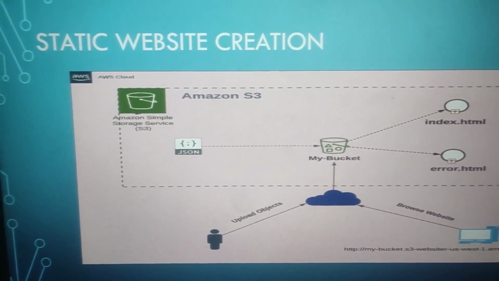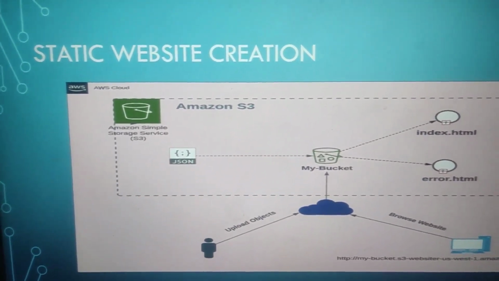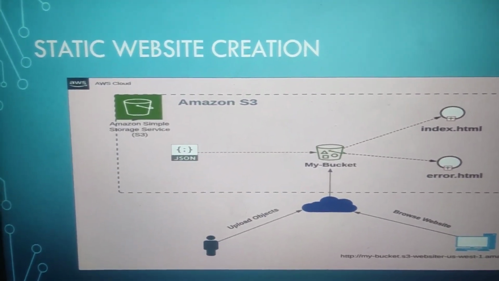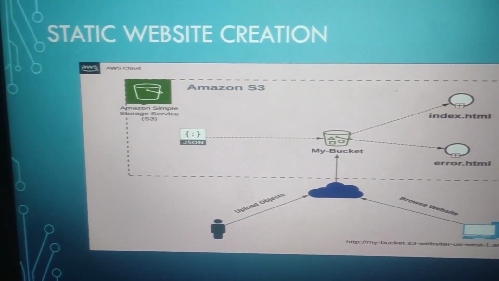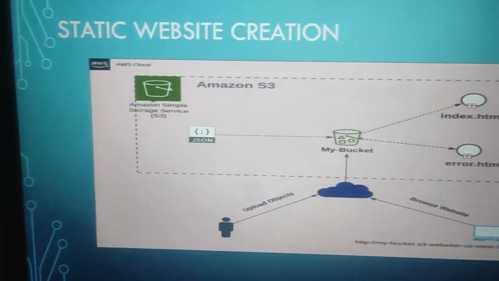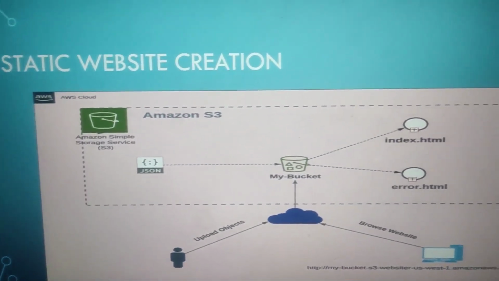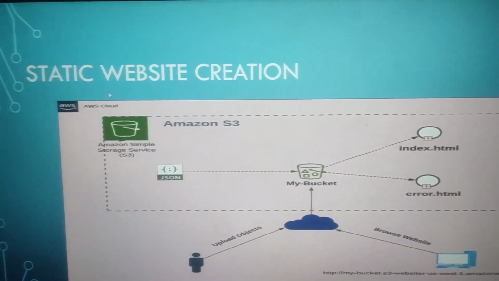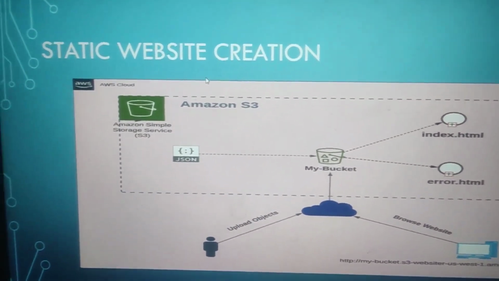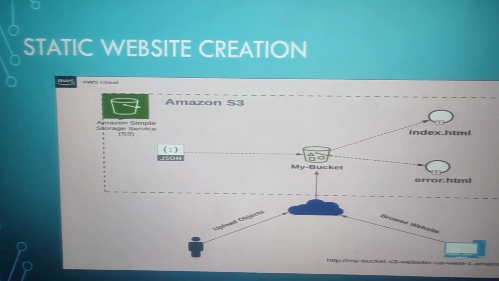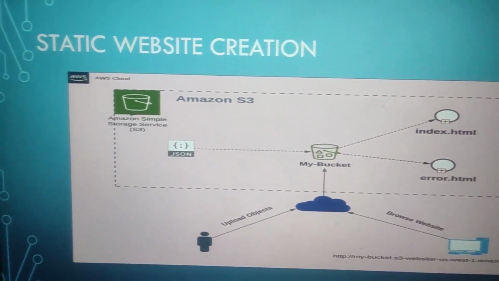For example, whenever you create a bucket, public accessibility is blocked and checked by default. When you want to allow public access, you have to uncheck it manually. Similarly, once we have created our bucket, the website enabling option will always be disabled by default, so you have to go there, edit the option and enable it.